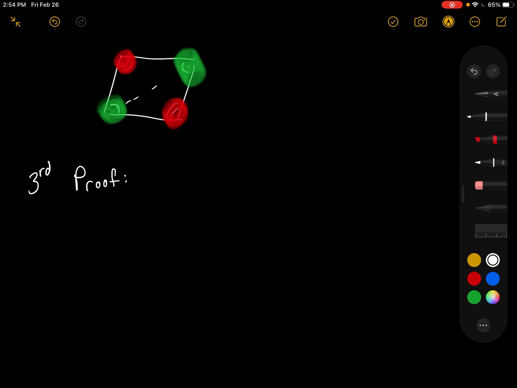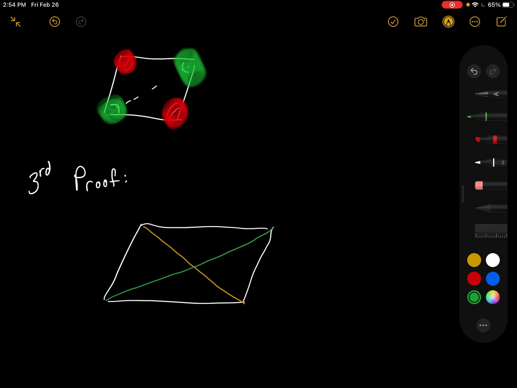For our third proof, this one I think is the most difficult one out of the four. Bisectors are lines that go from one corner to another. What this is saying is that this red section has to equal the yellow section. So the red highlight equals the yellow highlight.